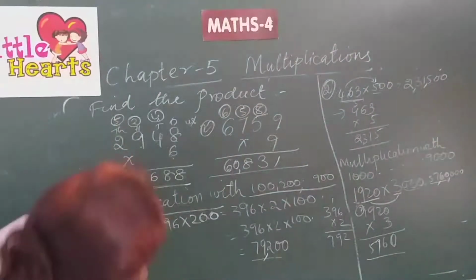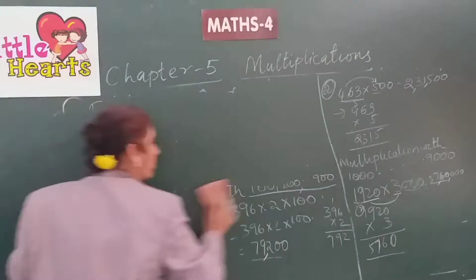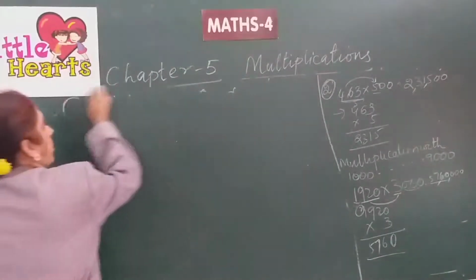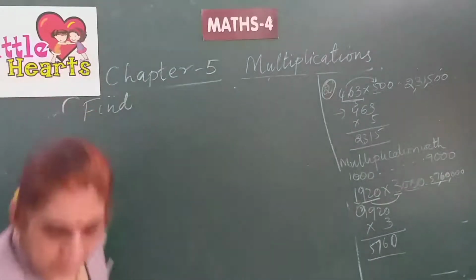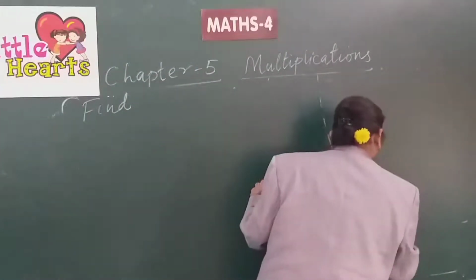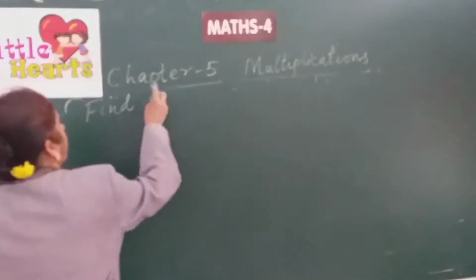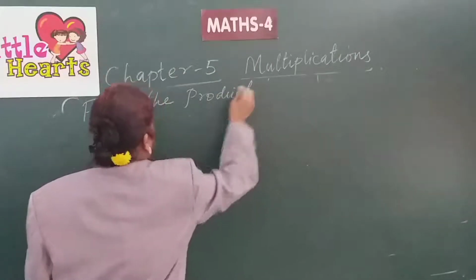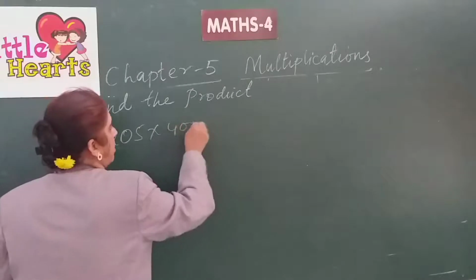Let's just solve some simple problems now. Find the product. 205 into 400.